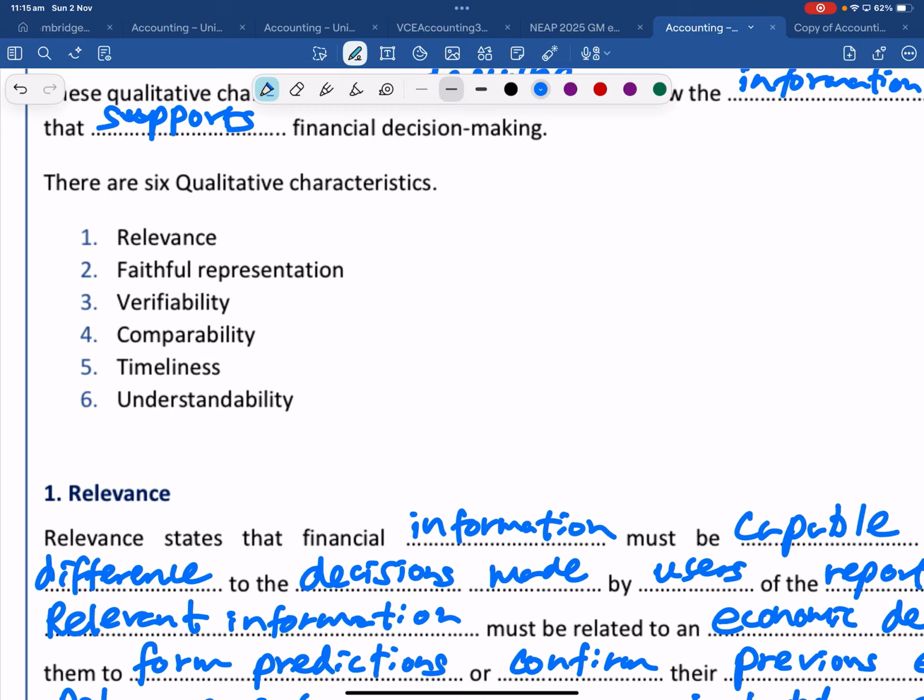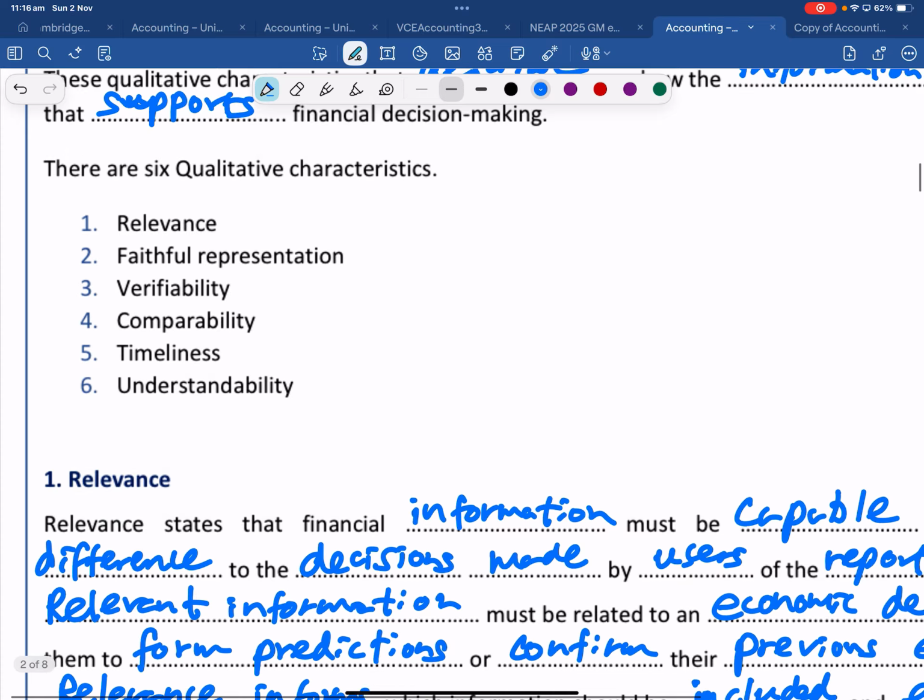Sometimes there is one area where faithful representation also kind of clashes a little bit with relevance. We have already done that part in depreciation. So I will remind it when we do the depreciation part in unit 4. We are coming across depreciation again in unit 4.